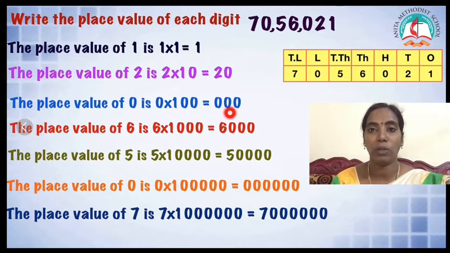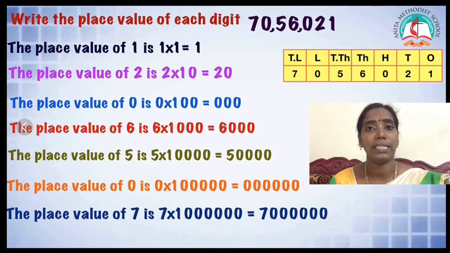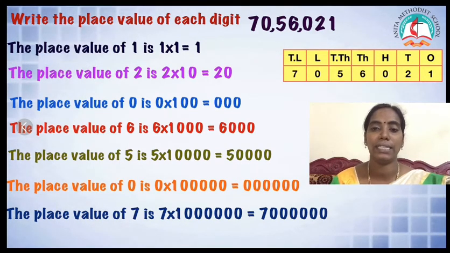The place value of 6 is multiplied by 1000. You will get 6000. The place value of 5 is 5 into 10,000. You will get 50,000. What happened in the lakhs place? There is a 0. So 0 into lakh, you will get 0. So 7 into 10 lakh, you will get 70 lakhs.